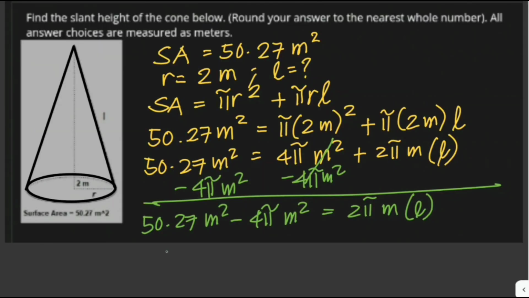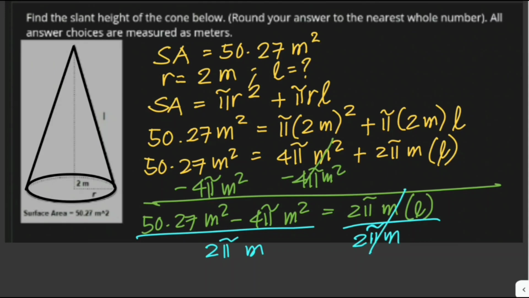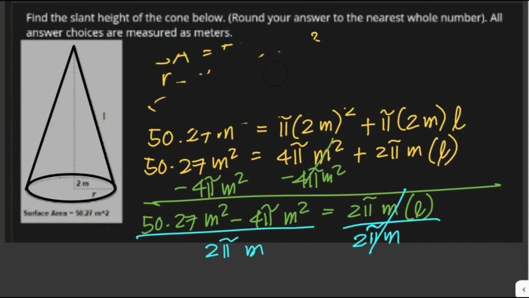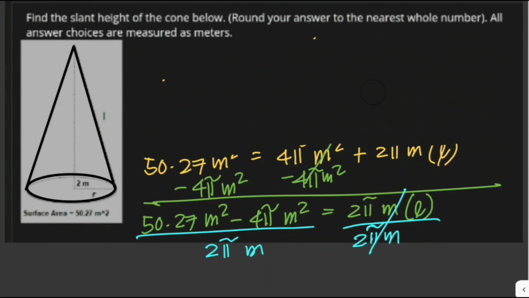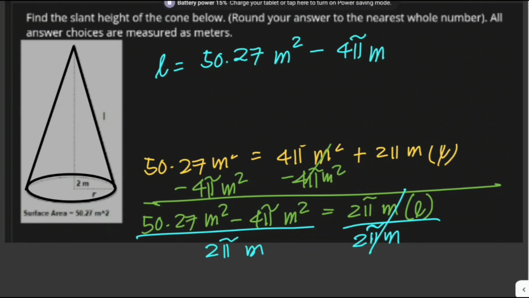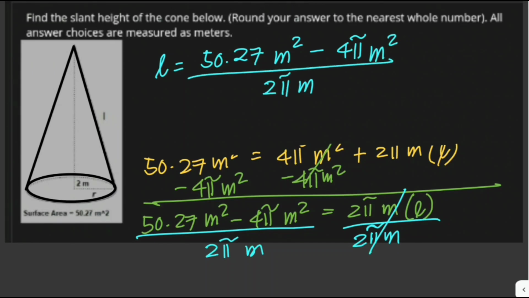Therefore, the slant height is just equal to, you just have to divide both sides by 2 pi meters. Our slant height will just be equal to 50.17 square meters minus 4 pi square meters divided by 2 pi meters.